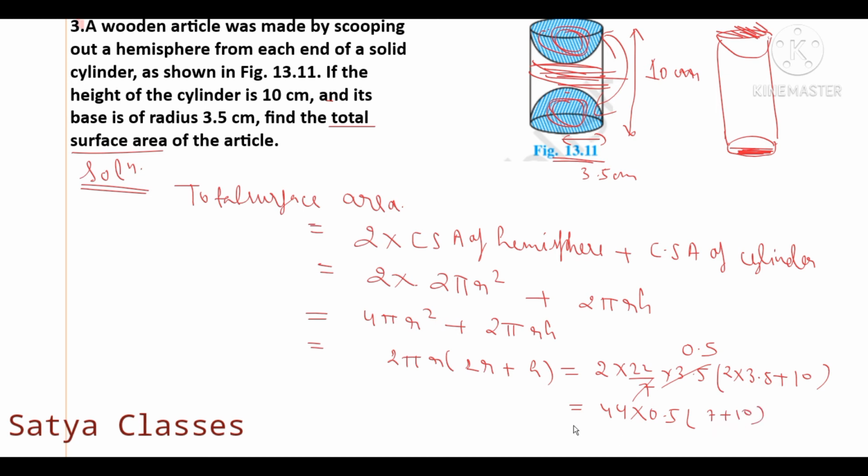Now 44 into 0.5 becomes 22. 22 into 17, so let's multiply. 7 twos are 14, 2 ones are 2, 2 ones are 3, and again 4, 4 plus 3 is 7, 3. So 374. Don't forget to write the unit. This is the most crucial part. So centimeter square. This is the answer.